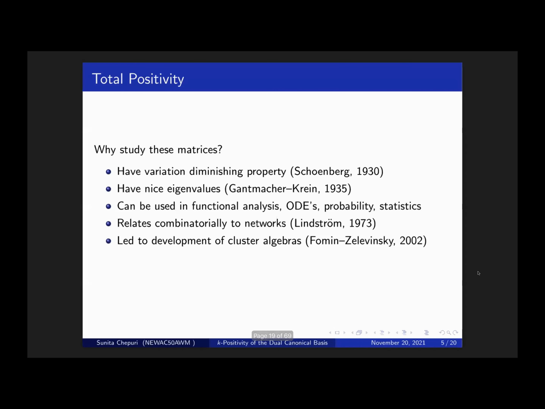They also were one of the motivations for the development of cluster algebras. And they also have a really nice topology. So hopefully this is enough things that you think, okay, maybe there's something going on with these matrices and they're worth looking into.